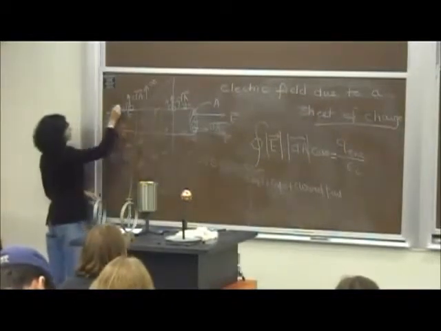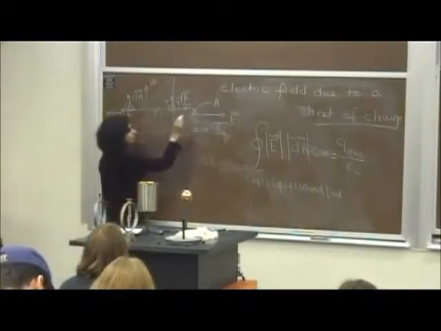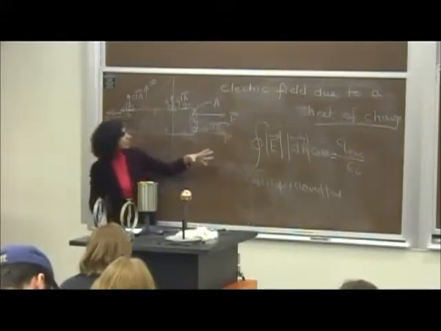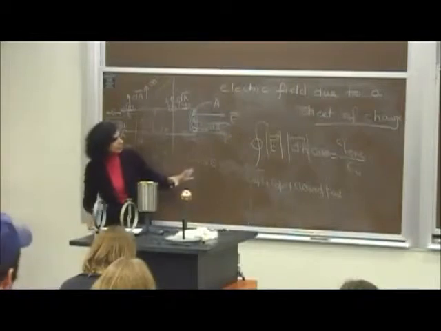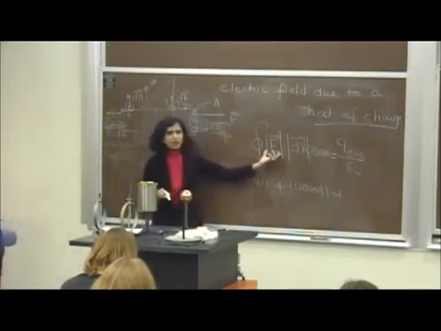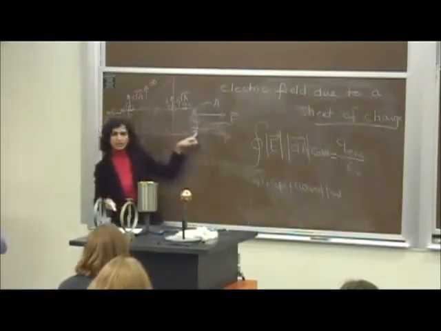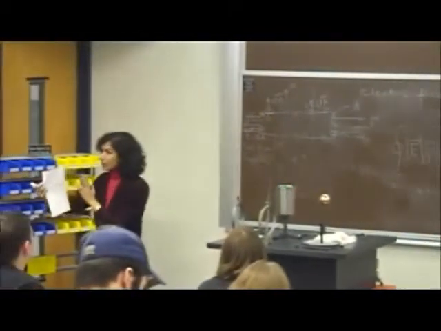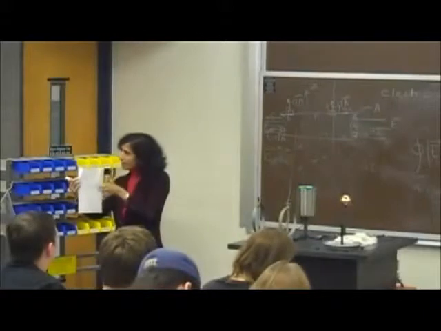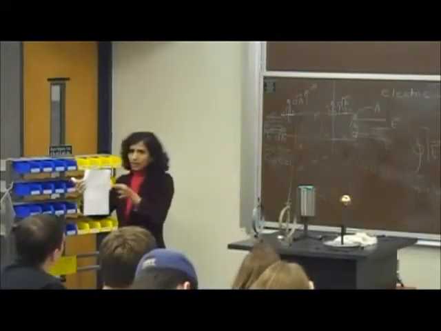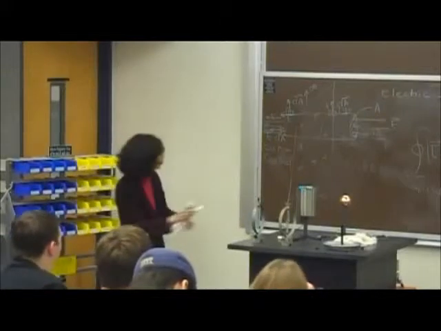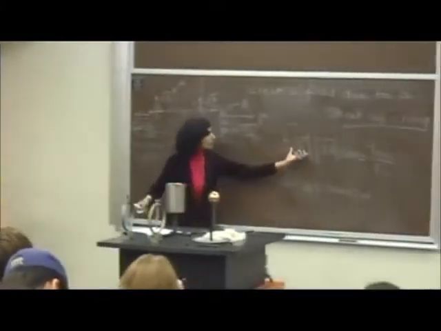If this is cap 1 and this is cap 2 here, first of all, is the electric field constant everywhere on the curved part? See, if this is an infinite sheet, then yes. If this is an infinite sheet, do you see that at a given distance away, the electric field magnitude better be the same? So the electric field magnitude is constant.